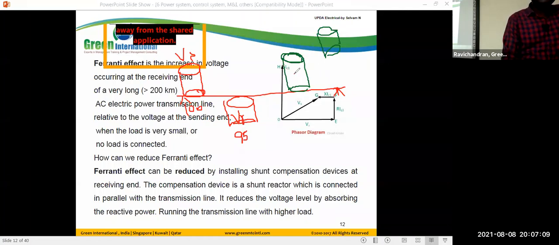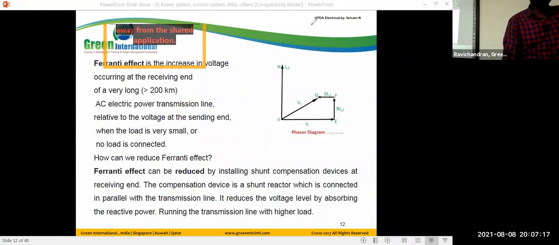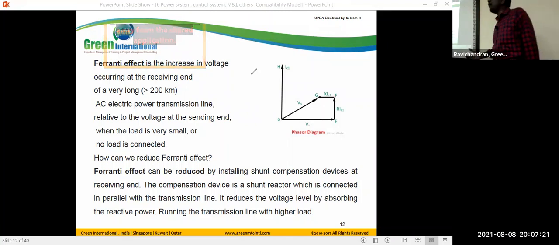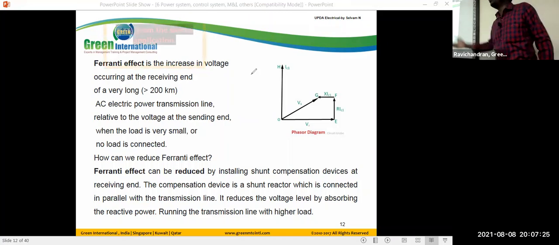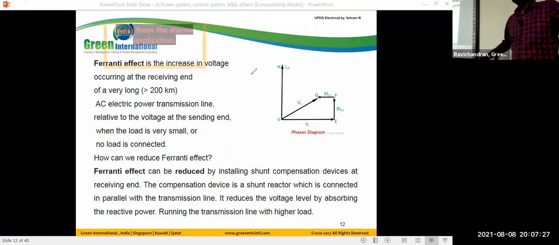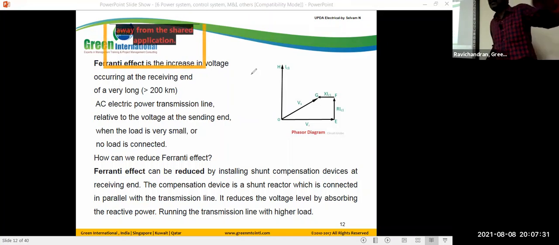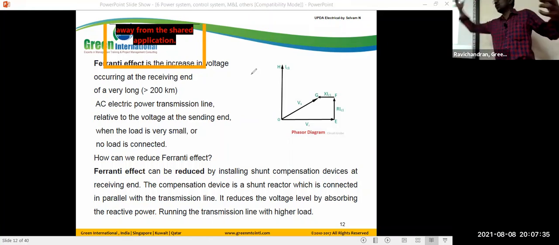Sometimes here we have 100, that is Vs, but at Vr we have 105. When will this happen? When the load is a capacitive load. So at that time, even though we are sending the power from the supply, sometimes we get power from the receiving end also.